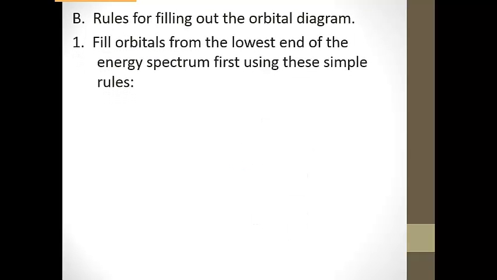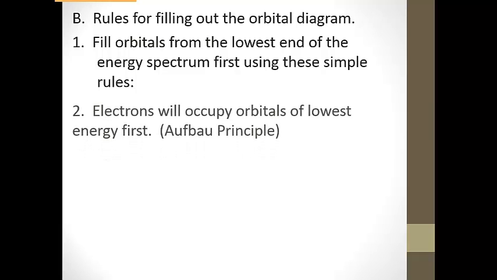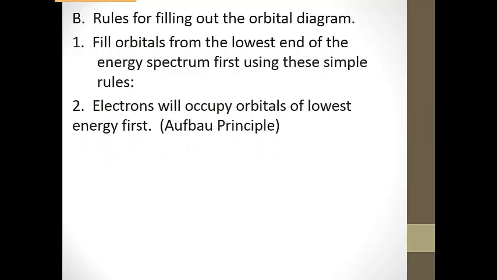Alright, so some other rules as far as filling up your energy levels. You want to go from lowest energy first to highest energy, and that is called the Aufbau principle, when we occupy the lowest energy orbitals first. So again, that's that electron diagonal rule.